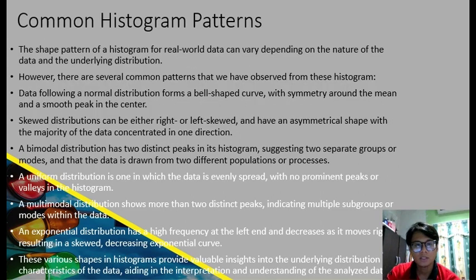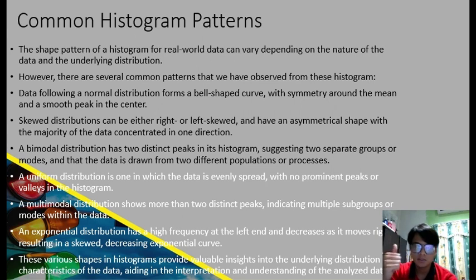Okay, common histogram patterns. The shape pattern of a histogram for real-world data can vary depending on the nature of the data and the underlying distribution. However, there are several common patterns that we have observed from this histogram. Data following a normal distribution forms a bell-shaped curve. Next one, a skewed distribution can be either right or left and does not have a symmetrical shape.